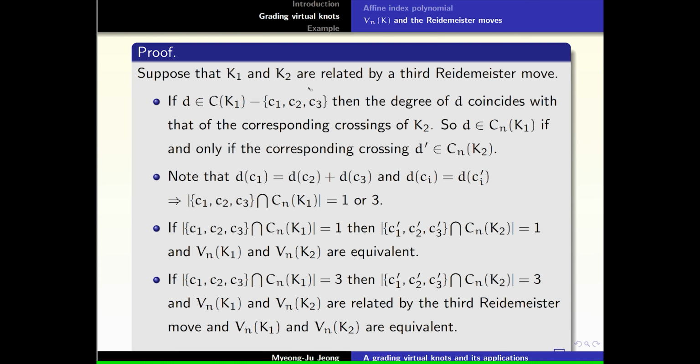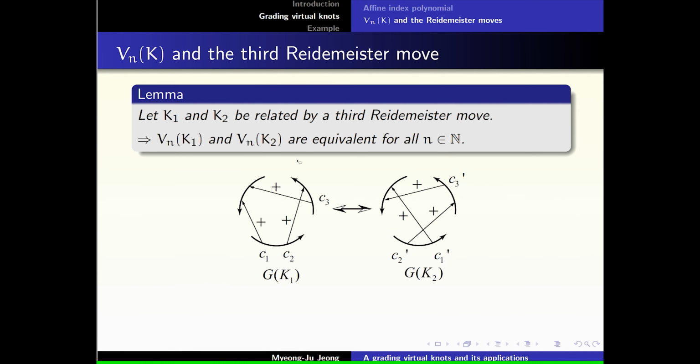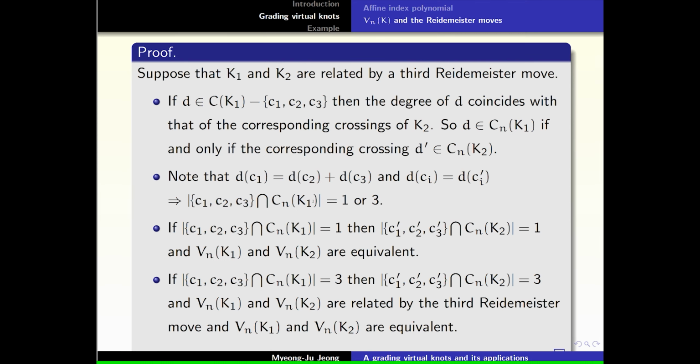If K1 and K2 are related by a third randomized move, and D is a crossing of K1 distinct from C1, C2, and C3, then you can easily see that the crossings C1, C2, and C3 do not affect the degree of D, and so D is an element of C_n K1 if and only if the corresponding crossing D prime belongs to C_n K2.